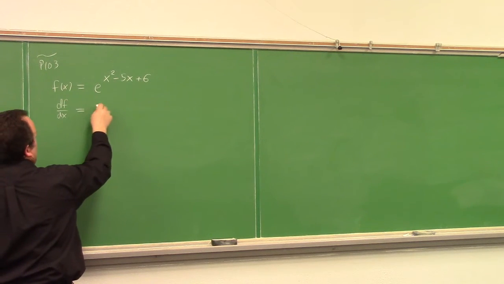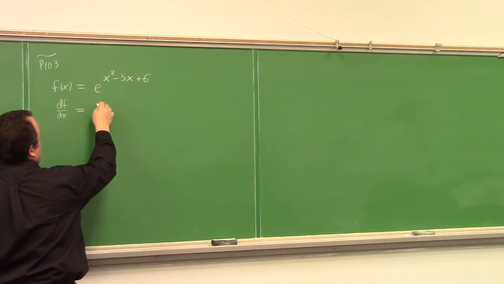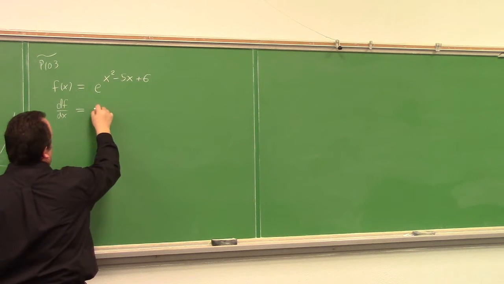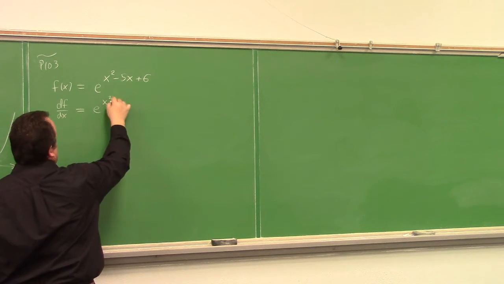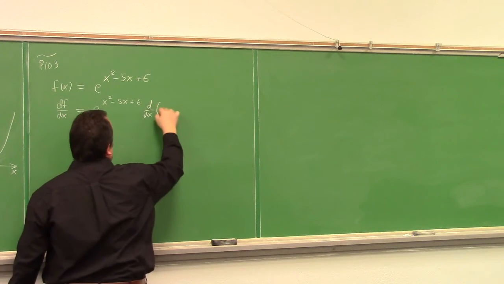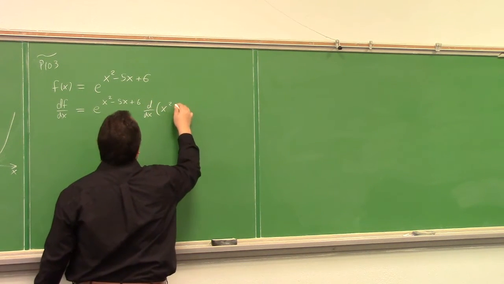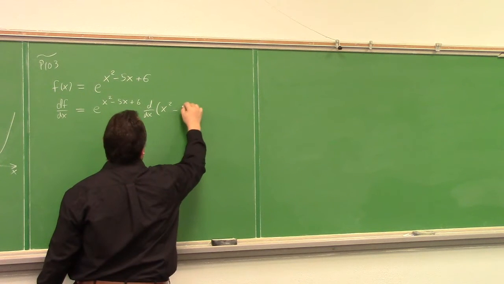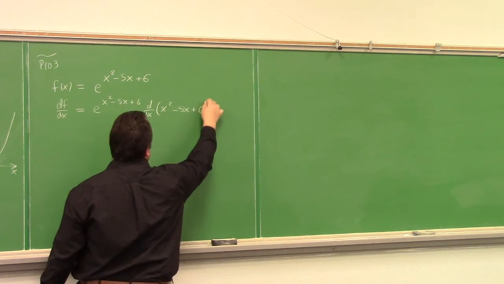Since chain rule, very good. So we do e to the inside function. Why did I put e to the thing there again?